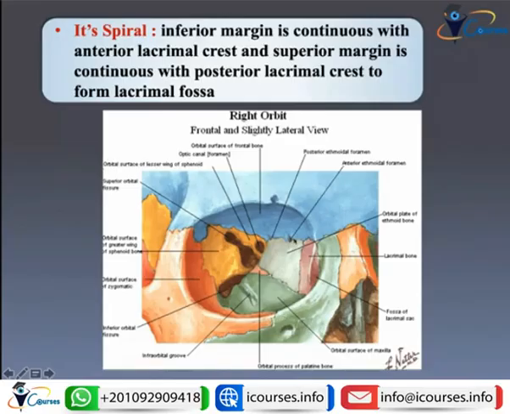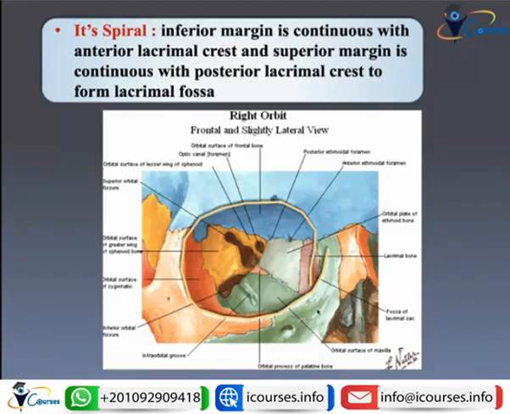But it is a spiral, meaning that the inferior margin of the orbital rim is continuous with a ridge called the anterior lacrimal crest, while as it goes from inferior to lateral to superior, making up the roof, the roof will descend down to make another ridge posterior to the first one. It's called the posterior lacrimal crest. So this is the spiral shape of the edge of the orbital rim.